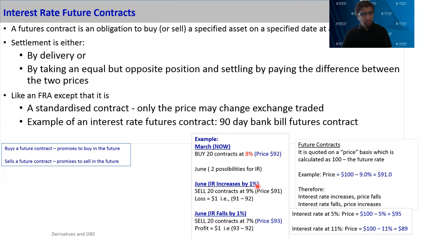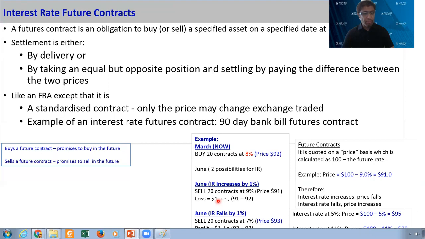If you buy, you promise to buy, and then when you settle, you have to sell the same amount. This is how the contract happens. So if you buy 20 contracts at 8% in March, you have to sell them at the first change of the interest rate, which is in June, or the next auction when the interest rate changes.